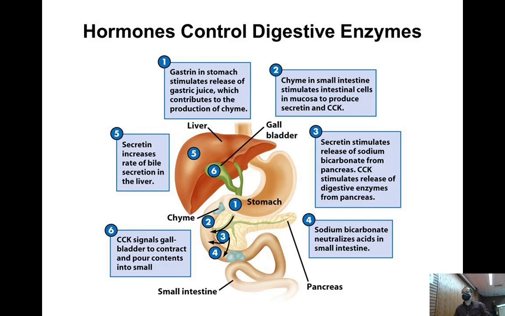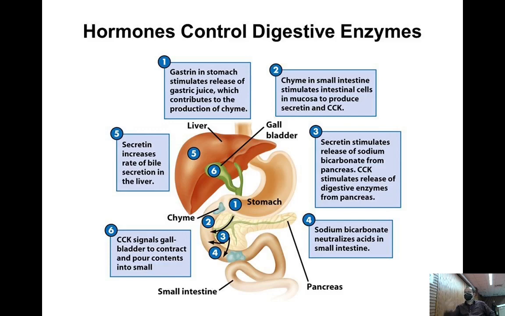As you can see here, gastrin in the stomach stimulates the release of gastric juice, which contributes to production of chyme, and then chyme in the small intestine stimulates intestinal cells and mucosa to produce secretin and CCK. So gastrin helps in the production of acid chyme.